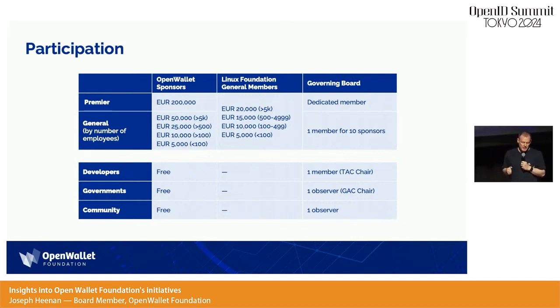So paying that amount of money gets you a lot of influence and insight into what's going on. And then, as I mentioned, at the bottom level, for the actual developers, the governments, the people that just want to join and help the community, it's absolutely free to participate. And there are still representatives that are voted onto the board from each of those groups, so that you do have that influence there.